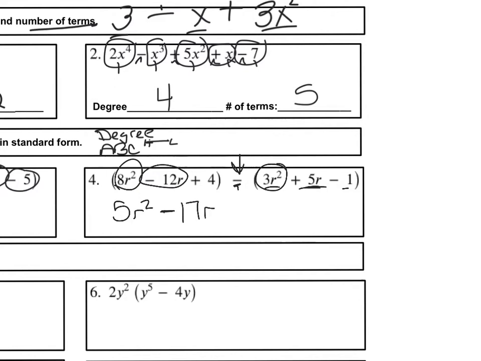Negative 12 minus 5, so that's the same thing as negative 12 plus negative 5. Okay? And then 4 minus negative 1, minus a negative turns into a plus, right? So this is going to be plus 5.